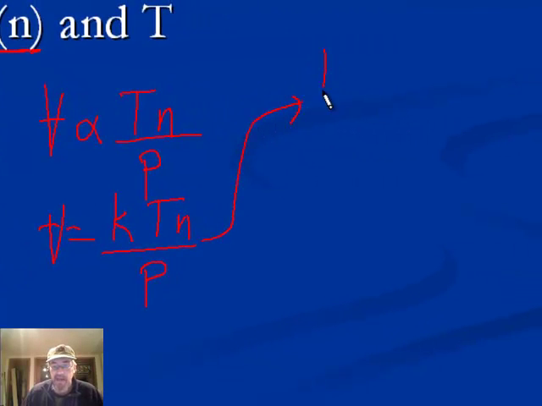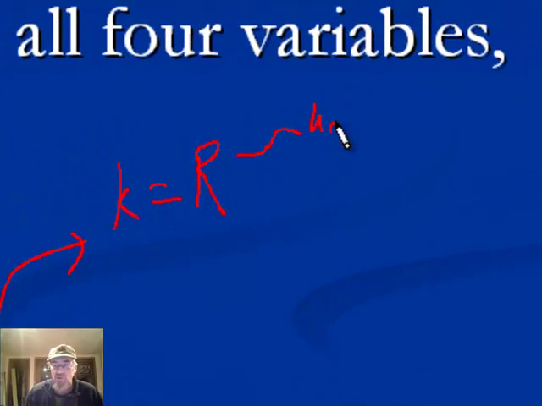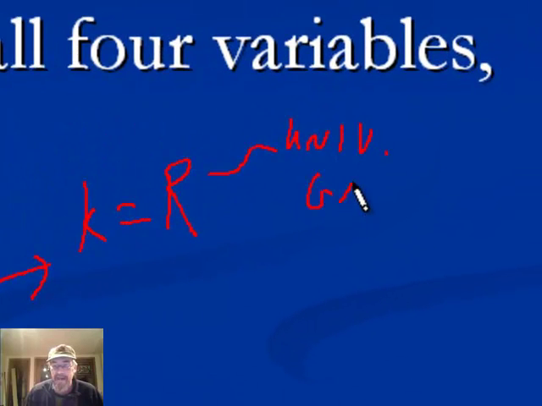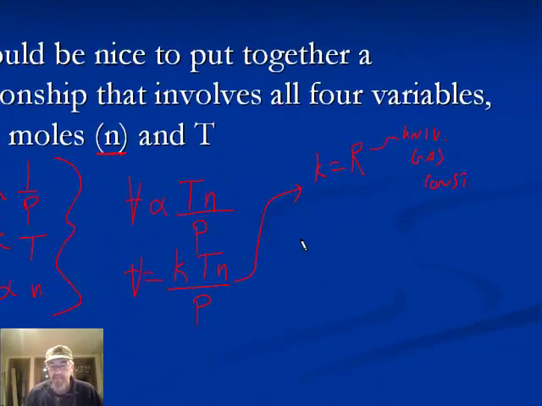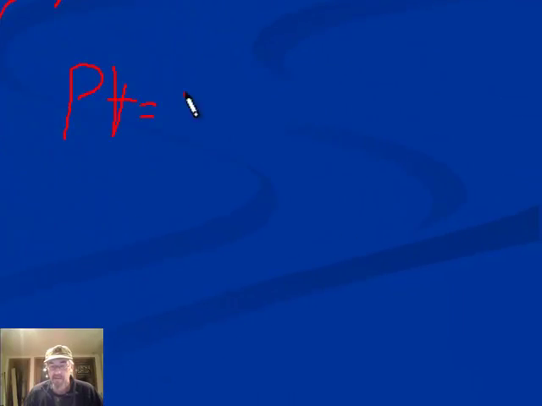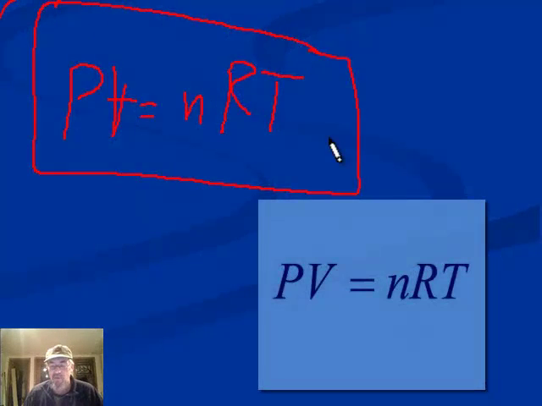And K is called R. This is the universal gas constant, R. And the equation is usually written this way: P times V equals N times R times T. A very famous equation in the physical sciences called the ideal gas law.